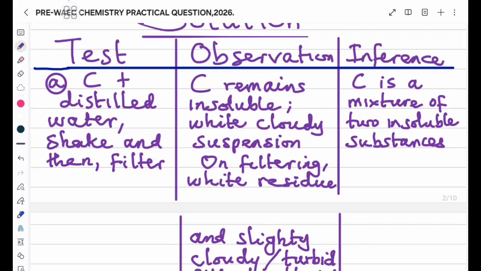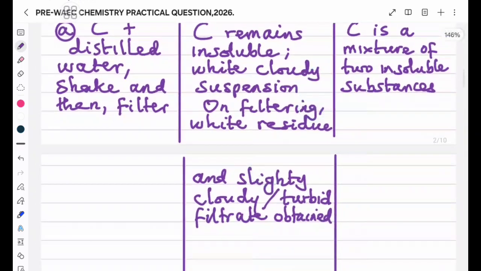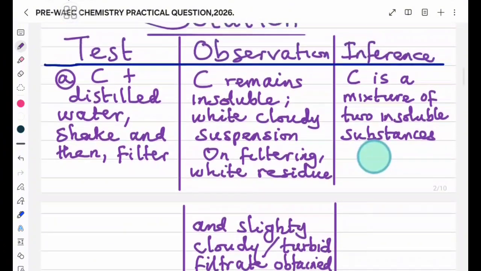So this is the first test, which emphasizes solubility tests and color tests. So when you are writing your report, it is very important to indicate the key words. White residue. The white must be there. You must be able to state the color of the residue that you observe. And also the filtrate.